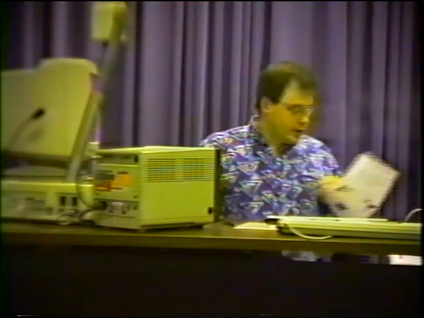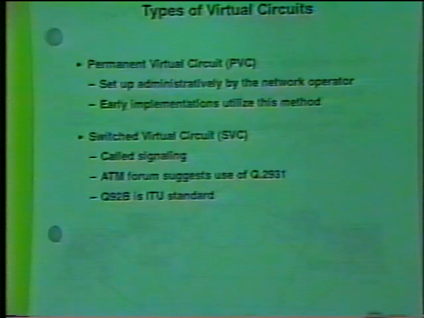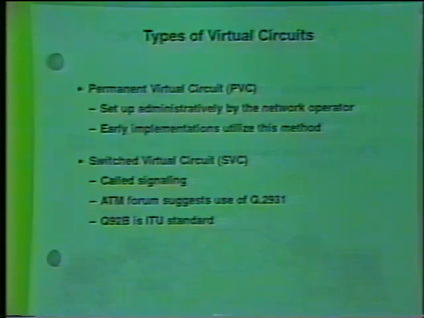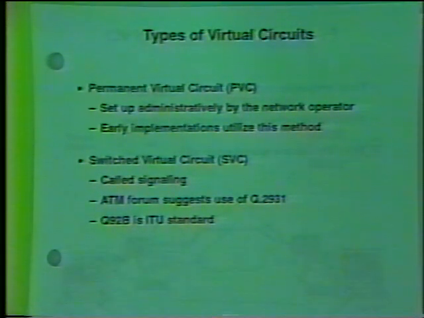The function of the virtual channel and virtual path is to route the cell to the correct destination. I should mention that there are two types of ways that we can transmit information, and what I want to do is jump ahead to slide 19. These are the types of virtual circuits, of which there are two types.